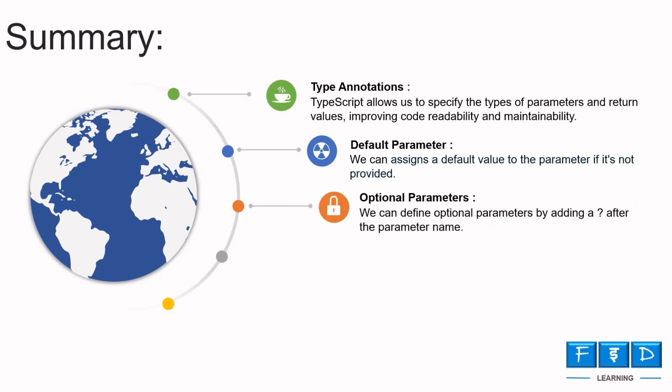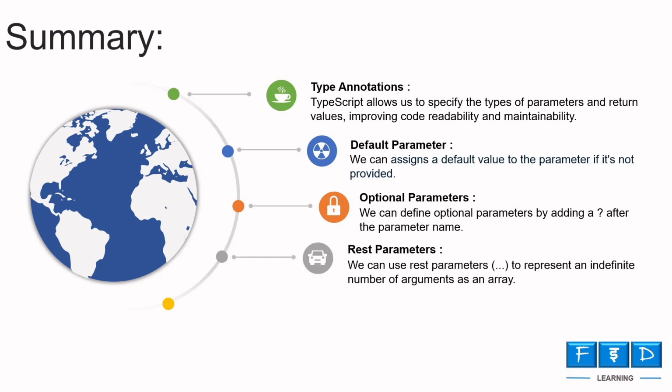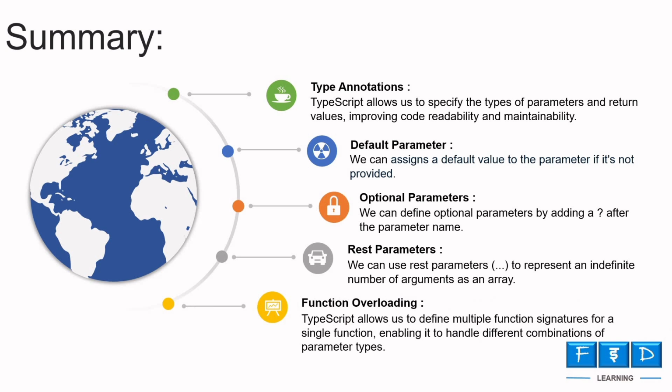Next, we have seen optional parameters: we can define optional parameters by adding a question mark after the parameter name. The third, we have seen REST parameters: we can use REST parameters to represent an indefinite number of arguments as an array. And last, we have seen function overloading: TypeScript allows us to define multiple function signatures for a single function, enabling it to handle different combinations of parameter types.